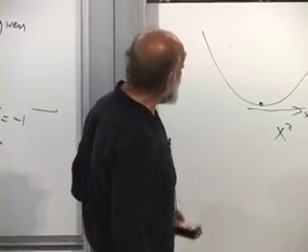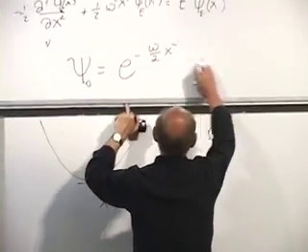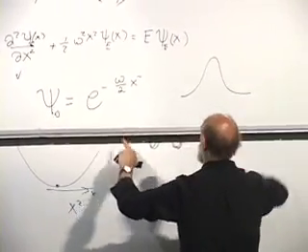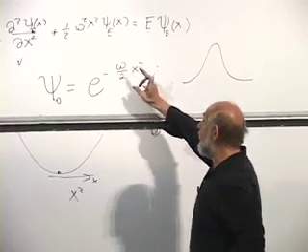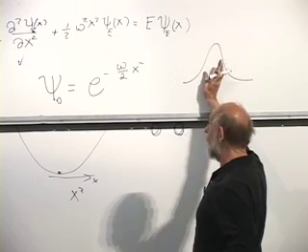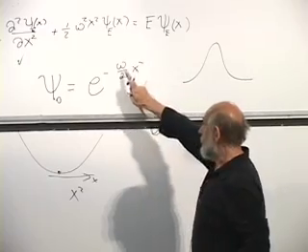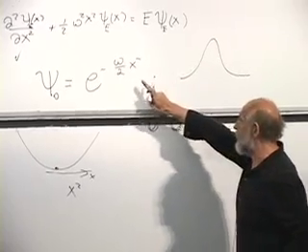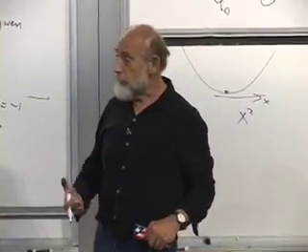All right? The ground state, the probability distribution is a Gaussian, a bell-shaped curve with a width which is controlled by omega. The bigger omega gets, the narrower the distribution. Why does the width get narrow with omega?